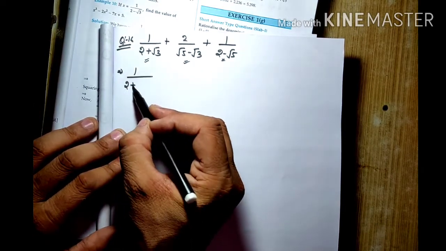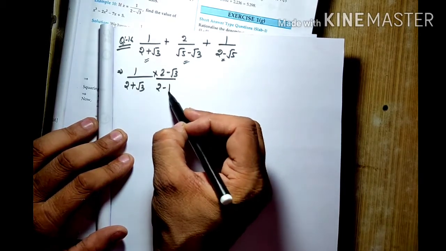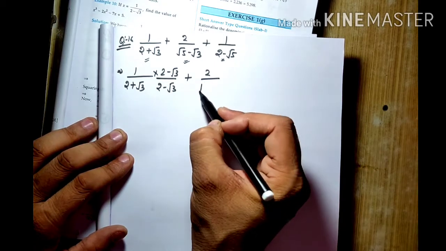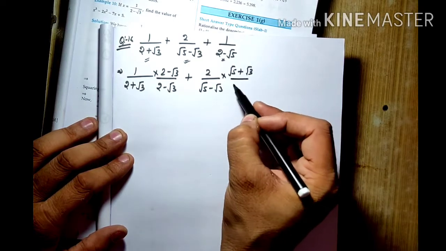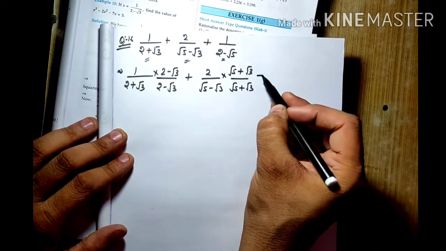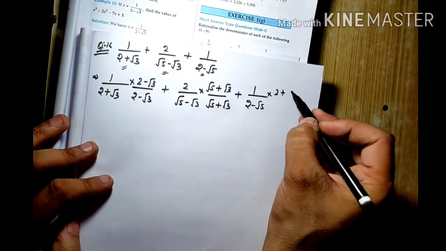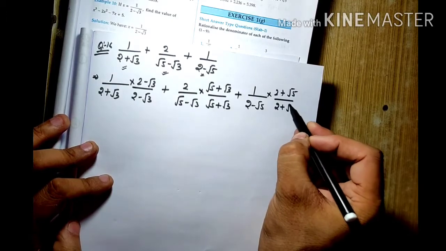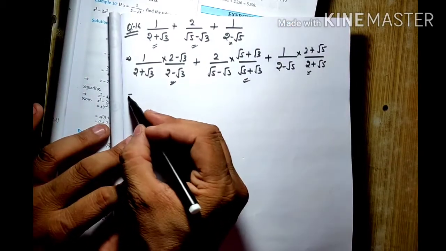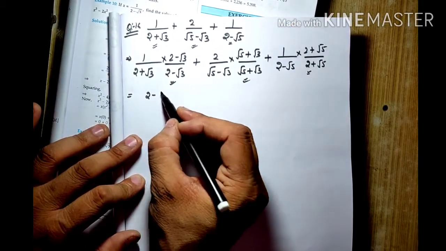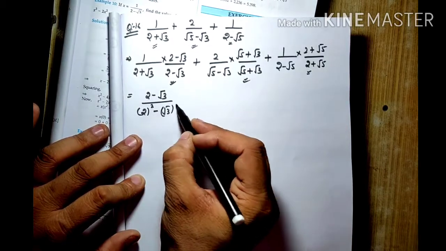So the first conjugate will be multiply and divide by 2 minus root 3 upon 2 minus root 3. Similarly here root 5 minus root 3 will be root 5 plus root 3 upon root 5 plus root 3, and similarly here 2 minus root 5 will be 2 plus root 5 upon 2 plus root 5. So here students, conjugate multiply and divide is done for all three questions. So the first part will be 2 minus root 3 upon 2 square minus root 3 square.